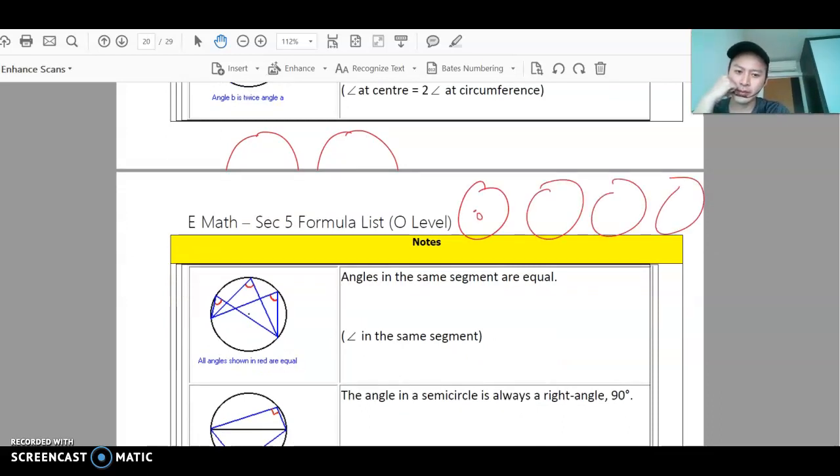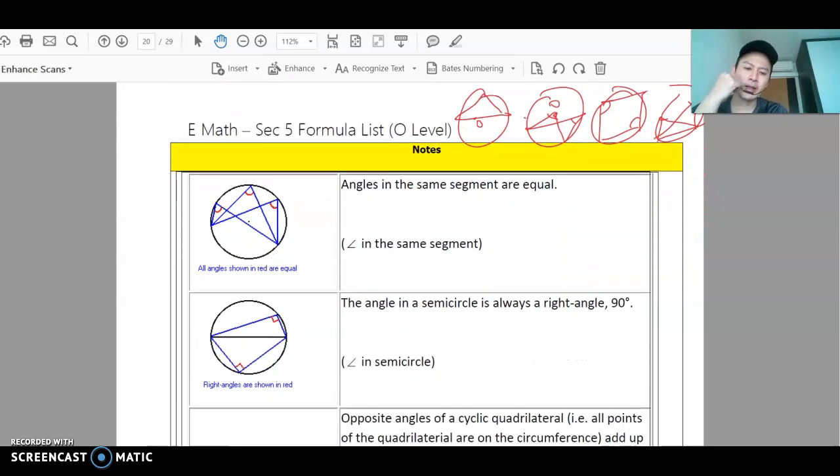Two with the center of circle, which are the triangle in a semicircle and angle at the center being 2 times angle at the circumference, and two without the center of circle, which are the opposite segment and the same segment. Okay, so list these 4 down, especially if those are 1 mark questions. Usually it's just applying one of these.